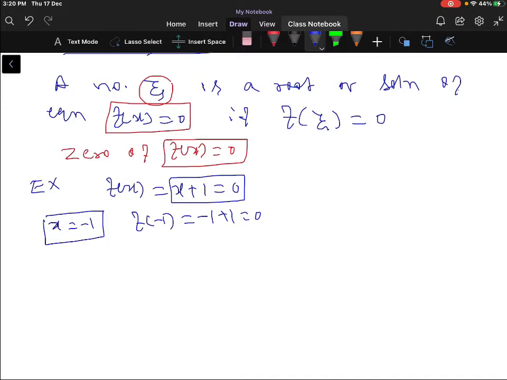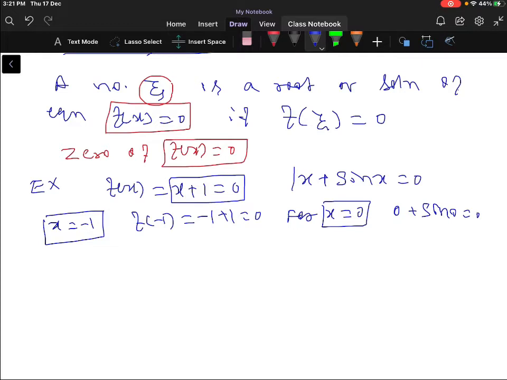So, let us take another example. x plus sin x is equal to 0. For x is equal to 0, 0 plus sin 0 is 0. Therefore 0 is a root of the equation x plus sin x is equal to 0.